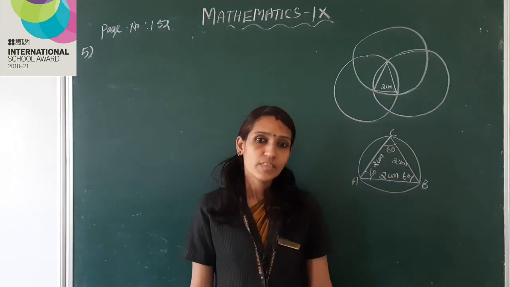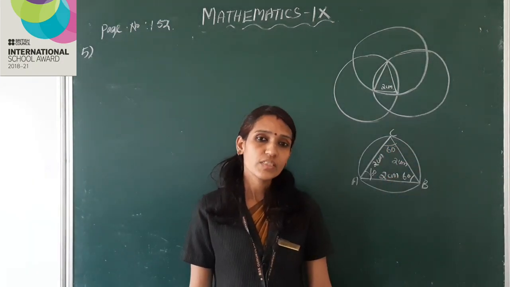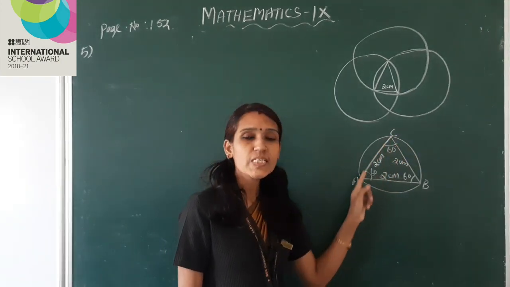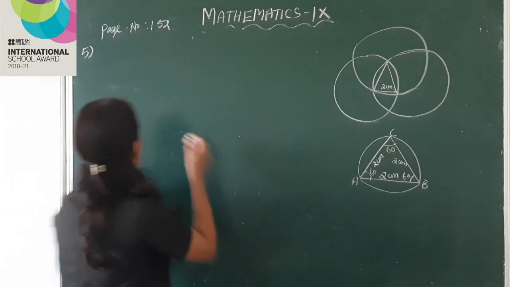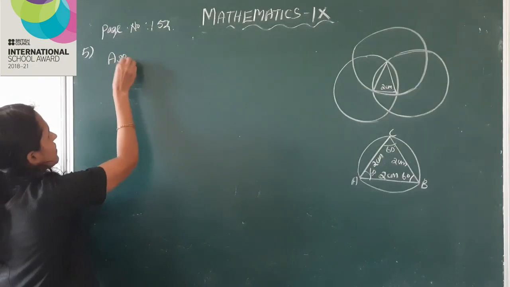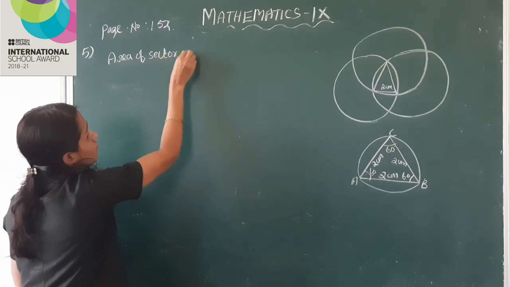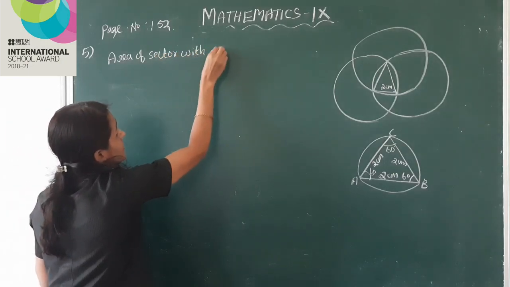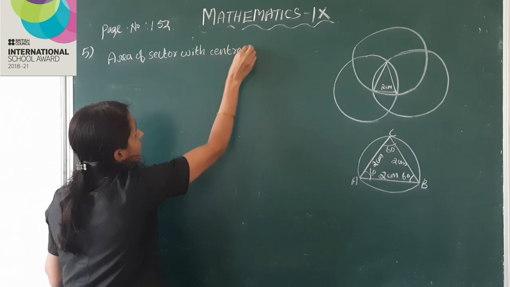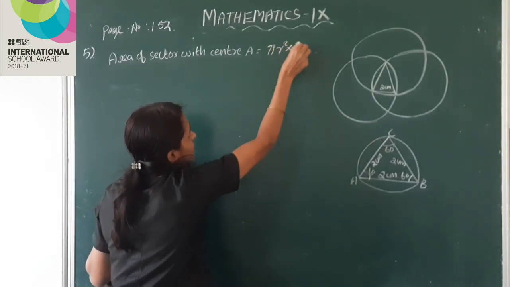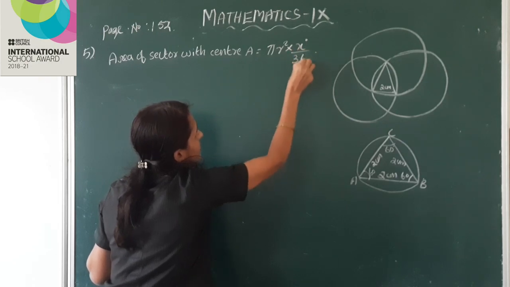Next, first we have to find the area of the sector with center A. This is equal to pi r square into x degree by 360.